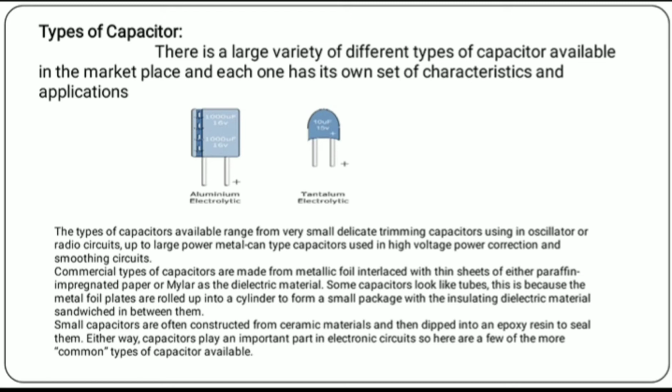Commercial types of capacitors are made from metallic foil interleaved with thin sheets of either paraffin impregnated paper or Mylar as a dielectric material. Some capacitors look like tubes, because metal foil plates are rolled up into a cylinder to form a small package with the insulating dielectric material.